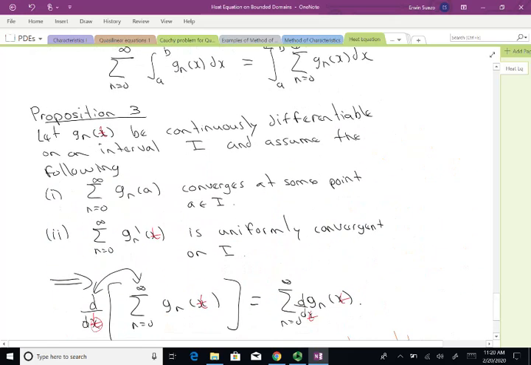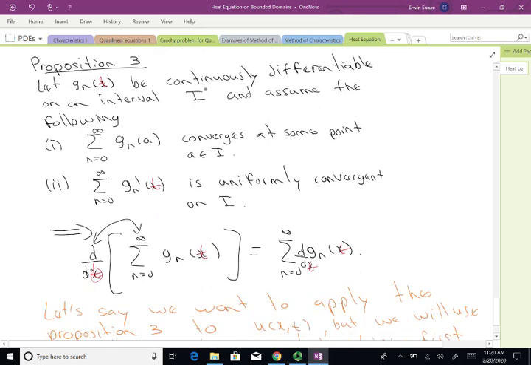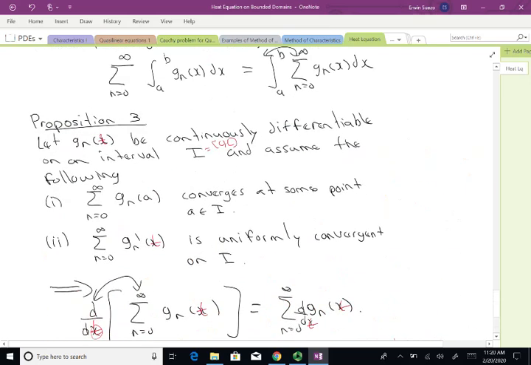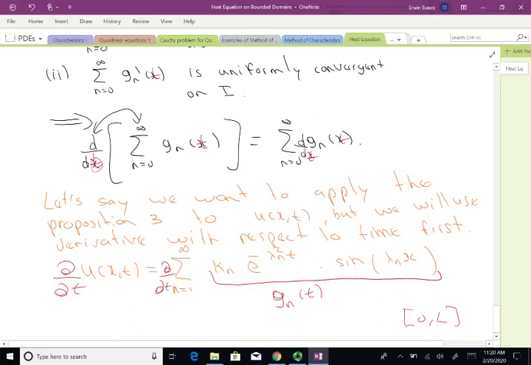So first, Gn of t is continuously differentiable on the interval, which in my case is 0 to L. Yes, that's true. This is exponential, so this is definitely differentiable. What do I need? I need it to be continuously differentiable. Yes, I can differentiate with respect to time, and that function is still continuous, right?